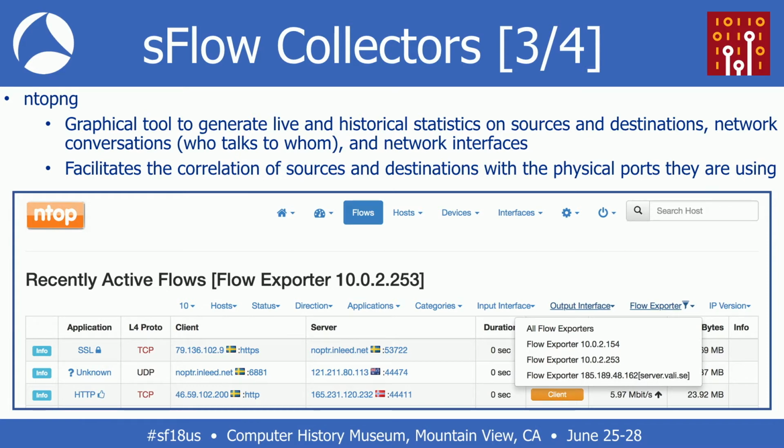So, if you use this collector, you have a list of all the sFlow agents that are in your network, and you can pick them one by one and slice and dice by the sFlow agent, by the output and input interface, so you immediately see in your network who is using and how your interfaces are used.